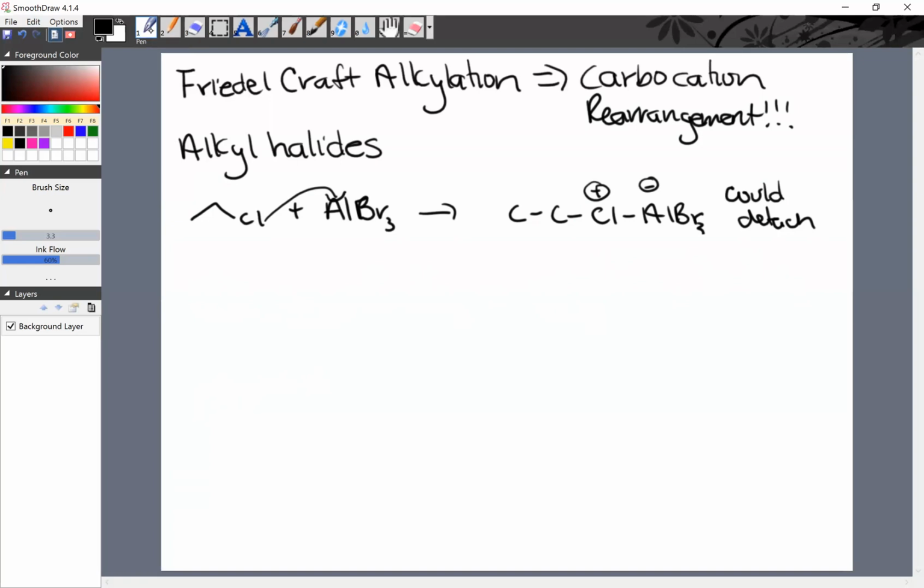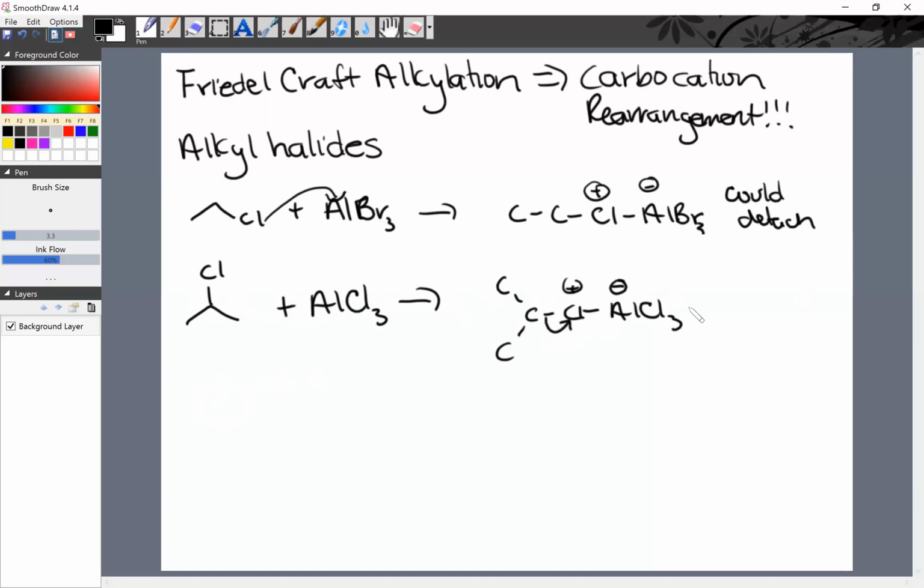That was a primary. Let's just take a look at a secondary. So that one would create, let me see, oh, that's supposed to be a chlorine. This one might spontaneously pop off.